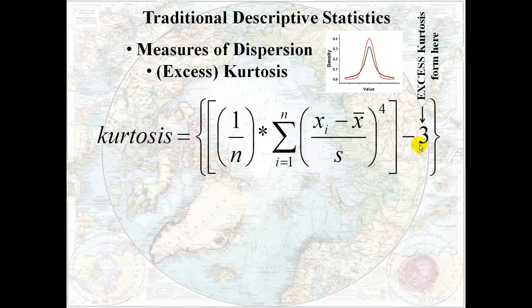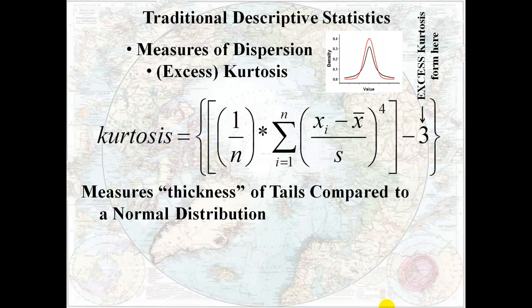So it's a way of normalizing things to a normal distribution, so you'll be able to compare things to a normal distribution. And what this will end up doing is it will kind of give more influence, since it's the 4th power, to these values that are a long way from the mean, and that means the higher the value, the thicker your tails, which means there are more values out in this range here.